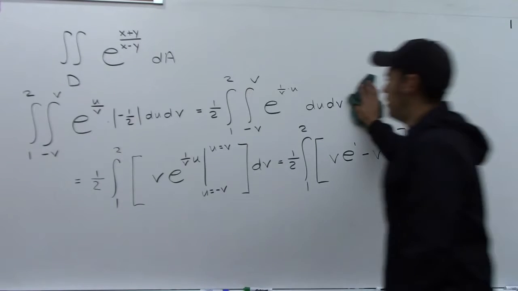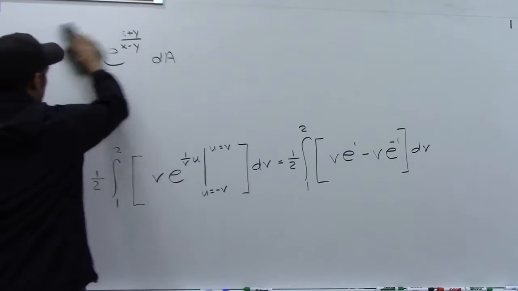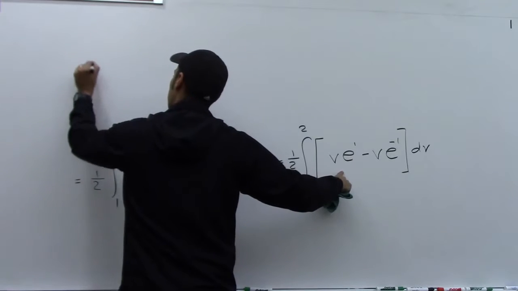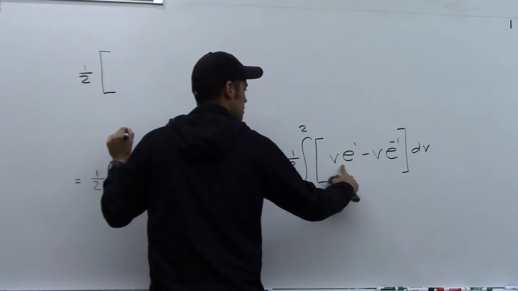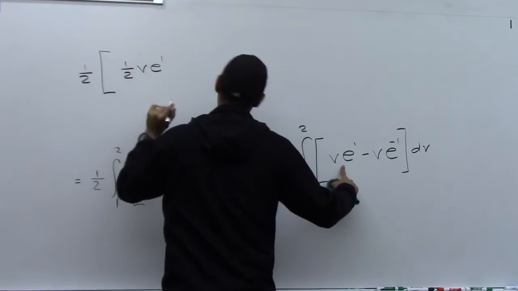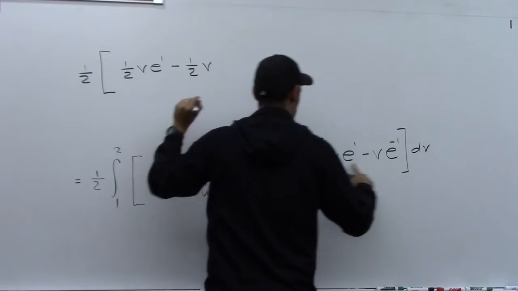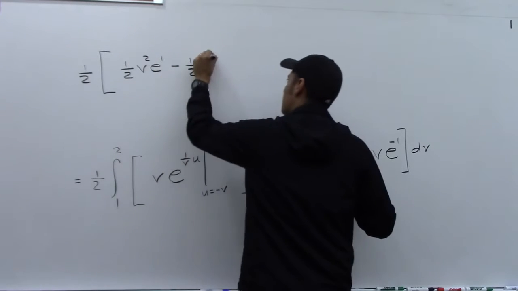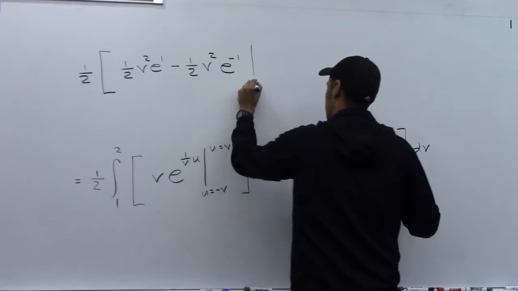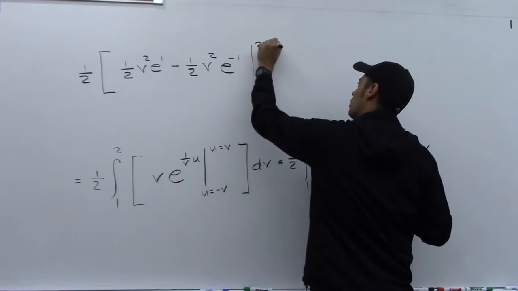All right, next step. Just remember e to the 1 and e to the negative 1 are constants. So I'm going to go ahead and take an antiderivative now. Antiderivative of this with respect to v is 1/2 v squared times e to the 1. Antiderivative of this with respect to v is minus 1/2 v squared e to the negative 1. I forgot to put v squared, sorry. And I'm evaluating this from v equals 1 to 2.